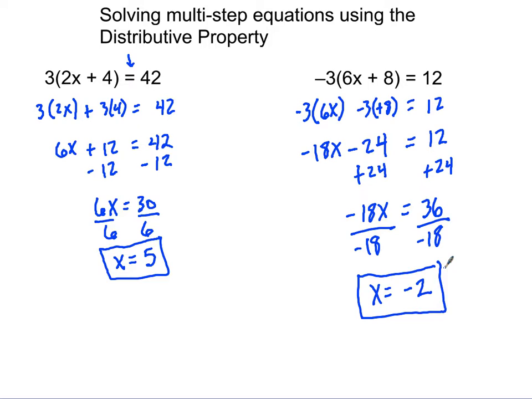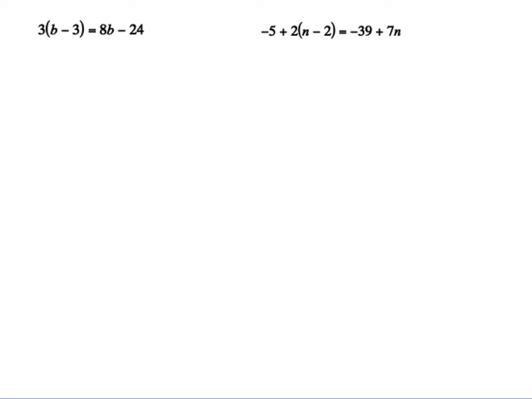Okay, so those are about the simplest type of distribution equations that we'll come across. Most of them on your assignment, I think, are going to look more like these, multi-step equations, so you have variables on both sides of the equation, as well as some distribution going on.